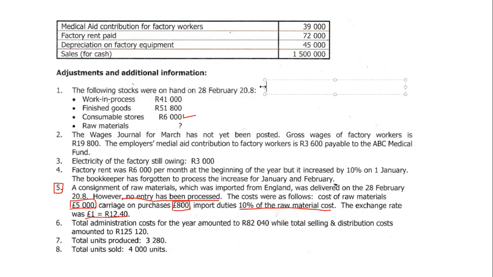We say 12.40 times 5,000 pounds. 5,000 times 12.40. How much do we get? We get 62,000.